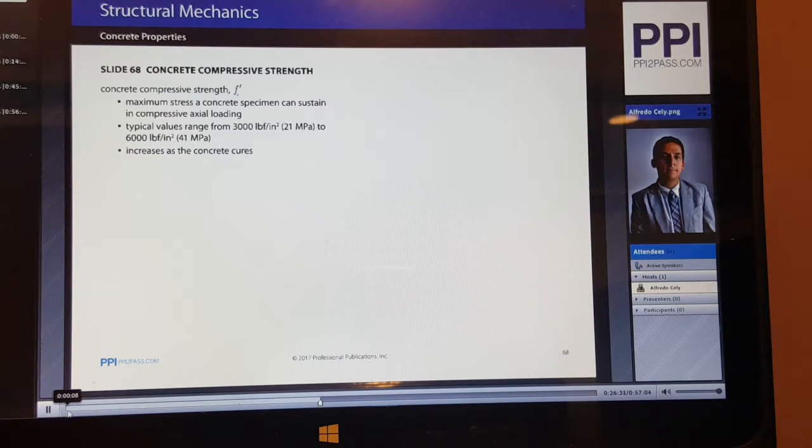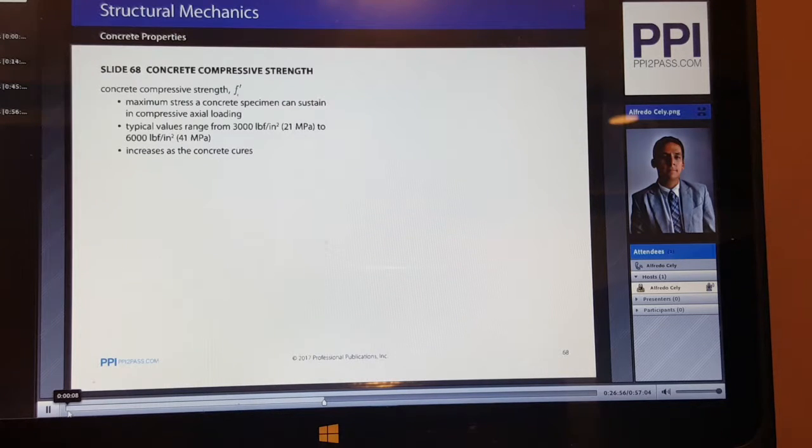The reason is that the concrete supplier is being a little bit conservative to make sure he meets his specifications. He'd rather err on the side of caution than have to rip apart an entire foundation because it didn't meet the specified concrete strength.